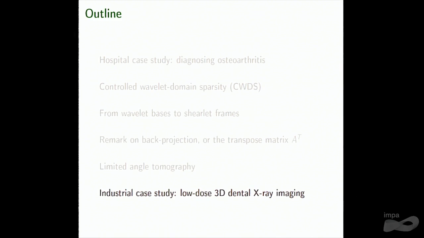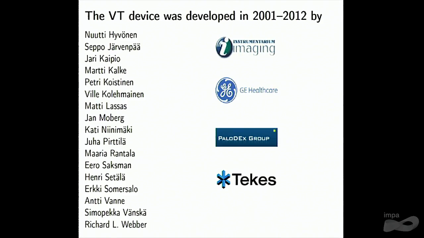So let me next describe to you a product. I was part of a team that developed a product for dental X-ray imaging, actually making heavy use of this geometric property I just described. So this was a project done with many people. As you see, there was a really big group of people inside the company and universities in our Inverse Problem Center of Excellence.